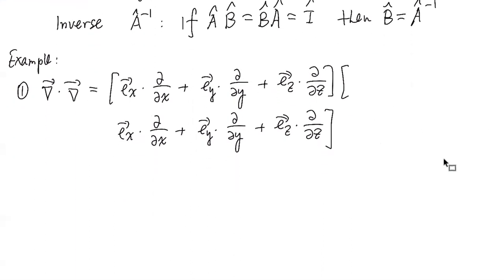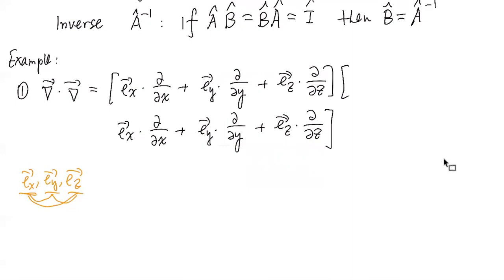And of course, you see the 3 unit vectors EX, EY, EZ are orthogonal to each other, which means EX times EY, or EX times EZ, or EY times EZ is 0. And because they are unit vectors, EX times EX is 1, EY times EY is 1, EZ times EZ is 1.